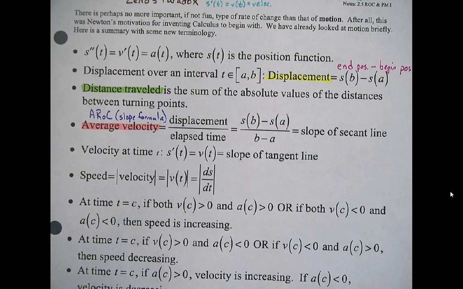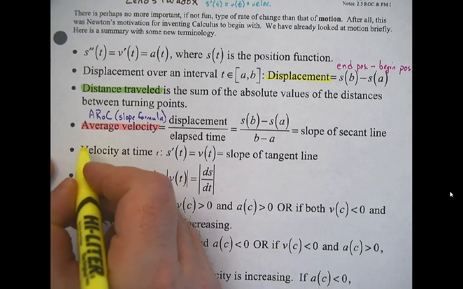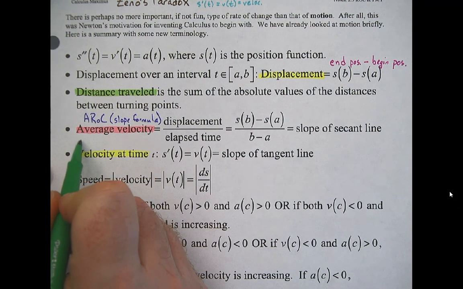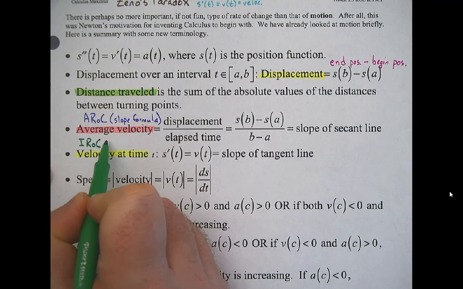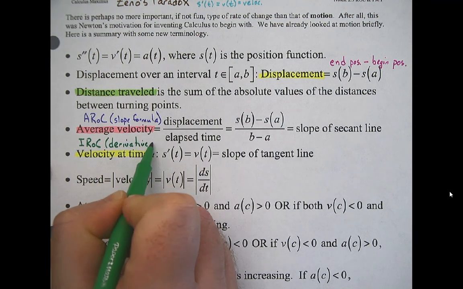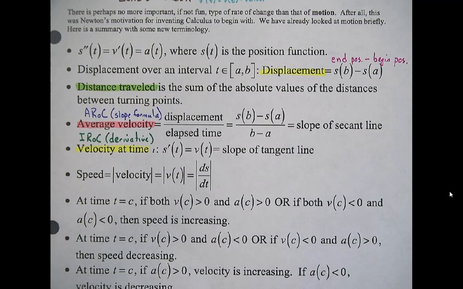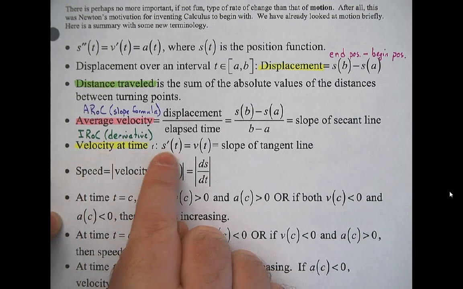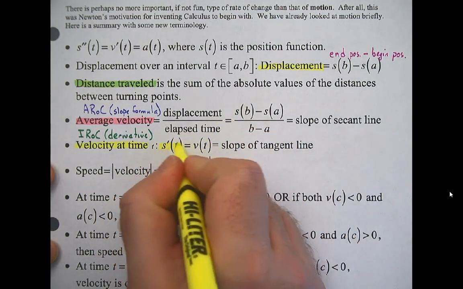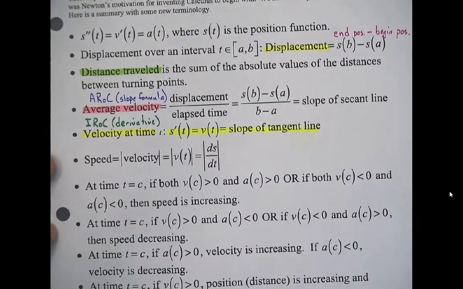Then when we just say the word velocity, velocity at a time is an IROC. Now, they don't have to say instantaneous. Remember, when you see just any sort of rate of change, usually it means instantaneous. And we find that by doing the derivative. So if I want to figure out my velocity, I would take the derivative of position. That would give me the slope of the tangent line.